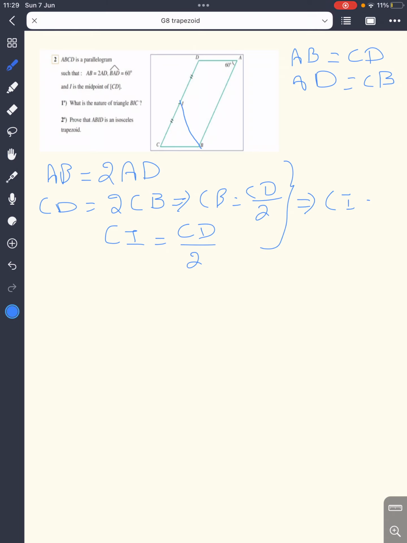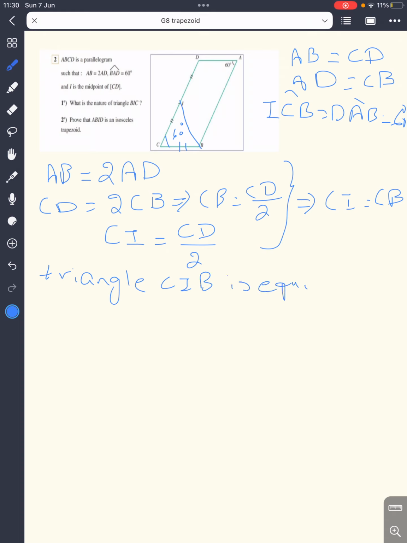And since in this triangle we have two equal sides, I can say that CBI is an isosceles triangle. But what about the angles? We know that in a parallelogram, opposite angles are equal. So angle ICB equals angle DAB, which is 60 degrees. Now, an isosceles triangle with an angle of 60 degrees, so we can clearly say that triangle CIB is an equilateral triangle.